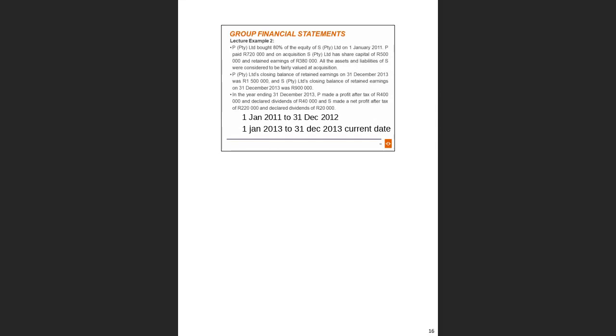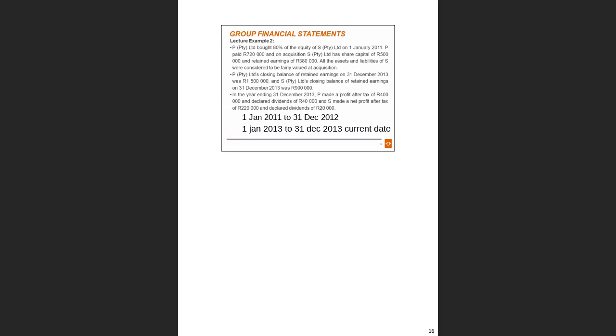Remember, we need to take out that dividend because it reduces the company's retained earnings. Therefore, the amount of the post-acquisition retained earnings relating to 1st of January 2011 to 31 December 2012 can be calculated by taking the 520,000 minus the current year retained earnings of 200,000 Rand.